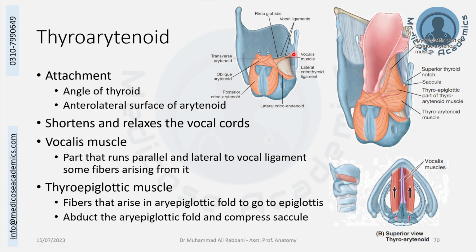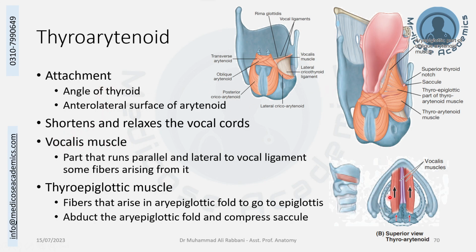When it contracts, it reduces the distance between the thyroid cartilage in front and the arytenoid cartilage in the back, and in the meanwhile it relieves the tension of the vocal cord. So this is the vocalis muscle.